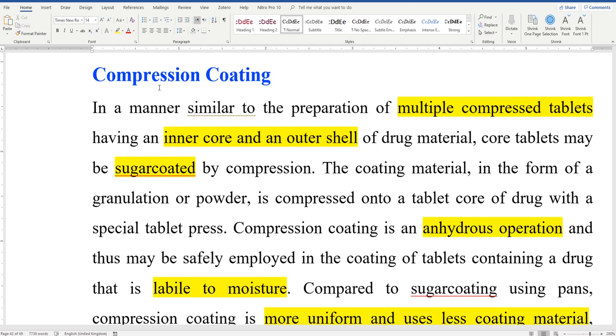By compression. Meaning the core tablet will be prepared, and then the other materials will surround this tablet and will be compressed on it. It's a completely anhydrous operation. There is no heat involved. There is no water involved.